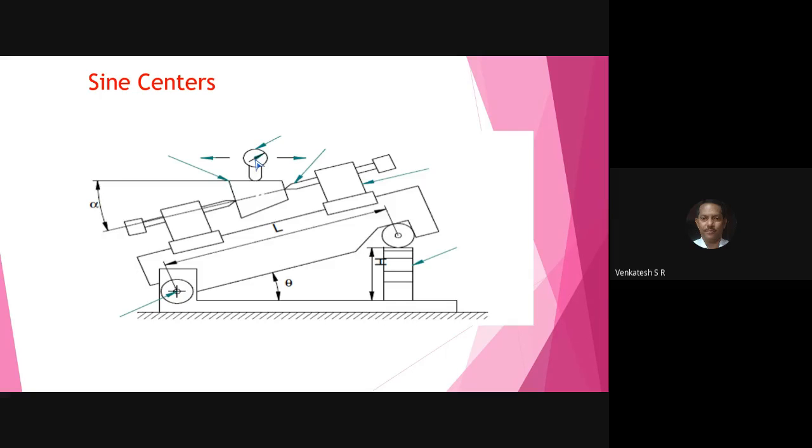Then calculate the half taper angle: tan alpha equals (D minus d) divided by 2L. So that will give you the half taper angle. And this theta is required for calculation of the slip gauges, to build the slip gauges for calculation purposes.